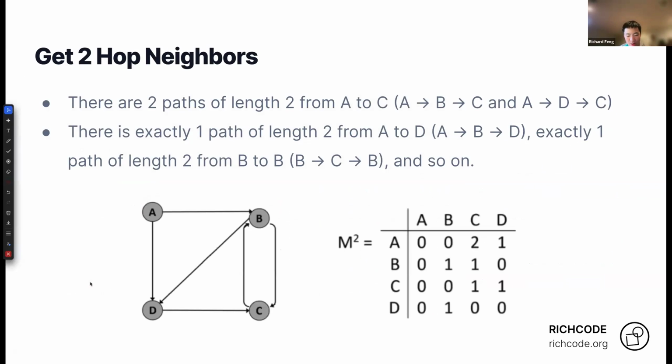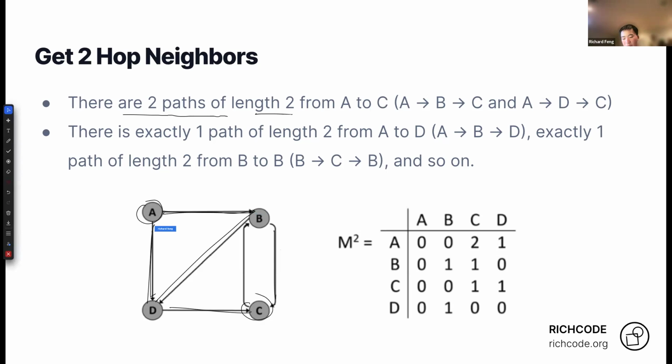So this one's a bit more complicated, but basically to explain what a two-hop neighbor is again, there are two paths of length 2 from A to C. So from A to C, we can take A to D to C or A to B to C. Both of these work. And there is exactly one path of length 2 from A to D. So that would be A to B to D. That is length 2.